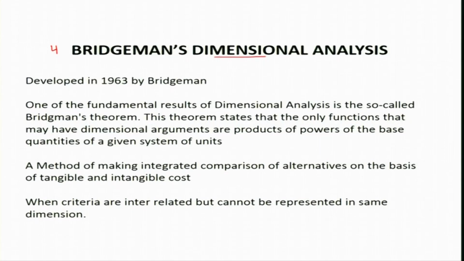One of the fundamental results of dimensional analysis is the so-called Bridgman's theorem. This theorem states that the only functions that may have dimensional arguments are products of powers of the base quantities of a given system of units. We will understand that.